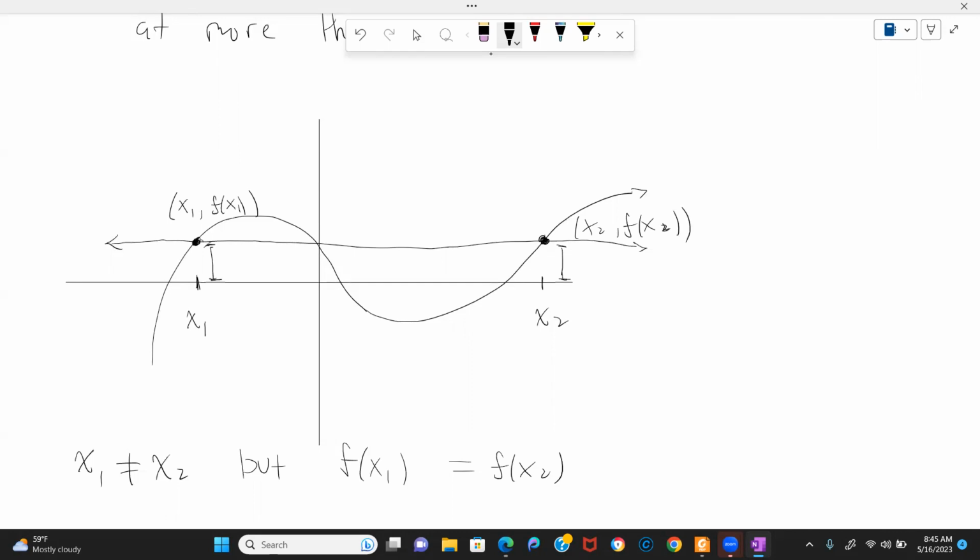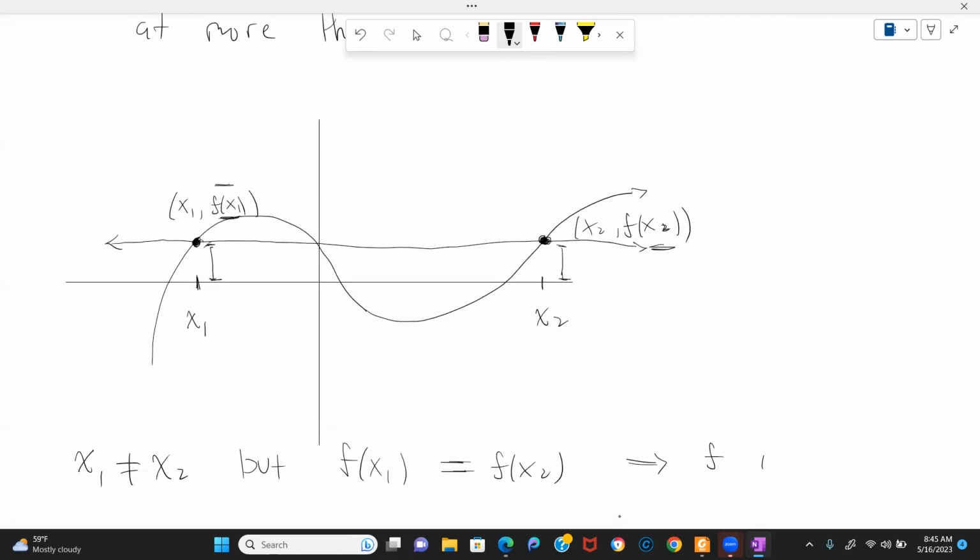On the one hand, these are points on the curve I drew, but they're also points on the horizontal line. And if they're on the horizontal line, that means this y coordinate and this y coordinate have to be equal. This contradicts the very definition of being injective.